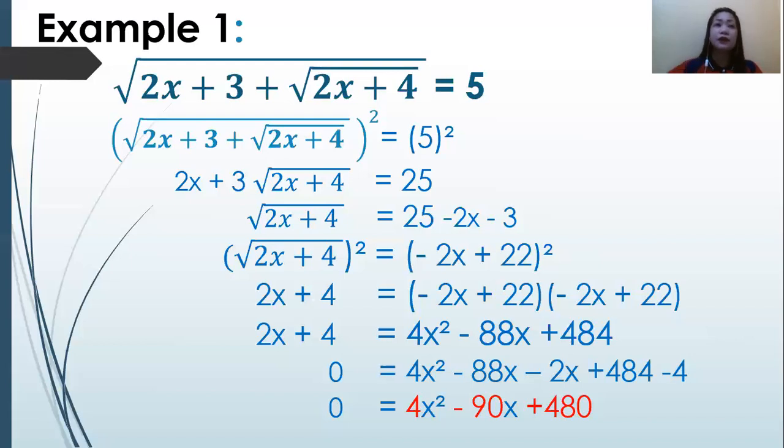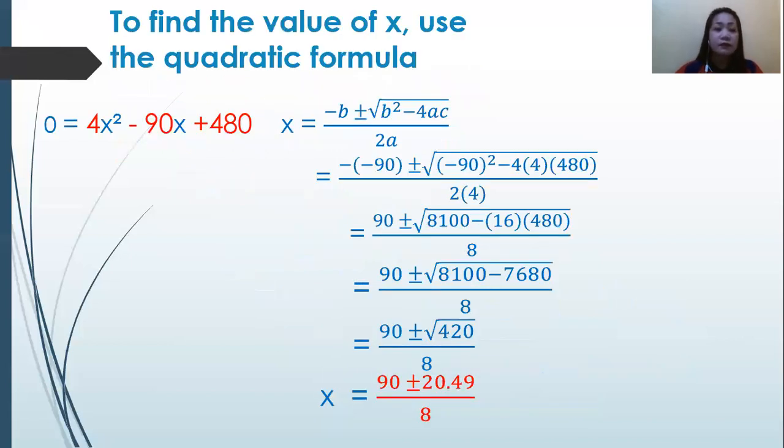So in our quadratic equation, y is equal to ax squared plus bx plus c. In this equation, the value of a is equal to 4, the value of b is equal to negative 90, and the value of c is equal to 480. All right, let's move to finding the value of x, and we are going to use the quadratic formula.